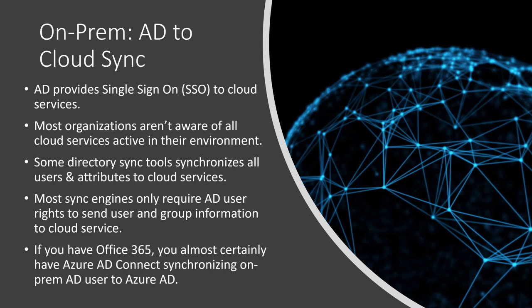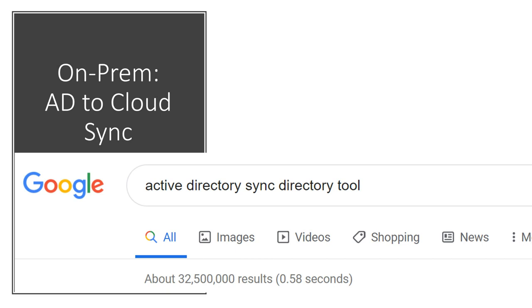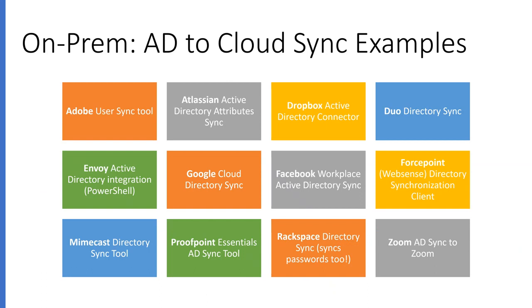And if you're using Office 365, you definitely have Azure AD Connect. So I was curious about what there was out there beyond Azure AD Connect, so I went ahead and used the trusty Googles to figure out what was there, and I got 32 million results. I didn't have time to go through all 32 million results, but I did go through some of the ones that looked a little more interesting and probably more well-known.